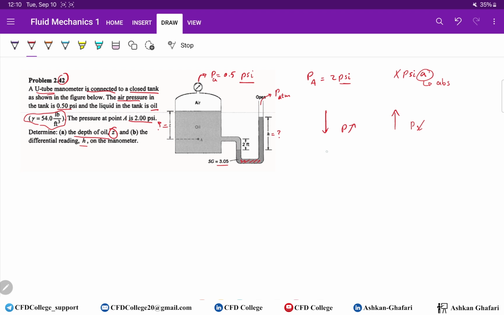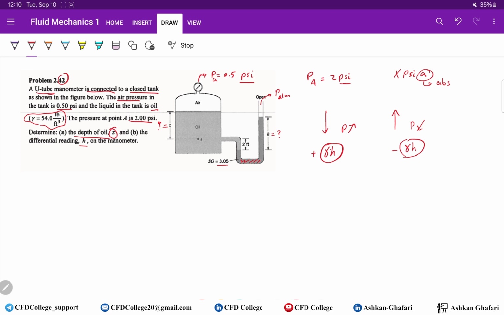And the difference is gamma H. So if we move downward, we should add this gamma H, where H is the depth or the distance of the movement. And if we move upward, we should subtract the hydrostatic pressure.